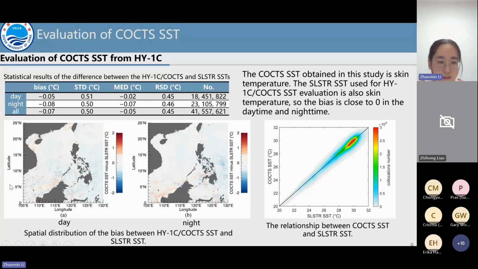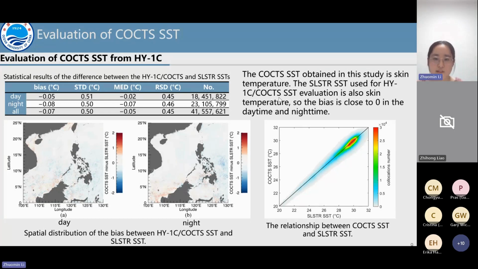You can see the bias has no spatial distribution characteristics. The right figure shows the relationship between COCTS SST and SLSTR SST. We can see most of the matchups are distributed from 13 to 28 degrees, and COCTS SST and SLSTR SST have high consistency.